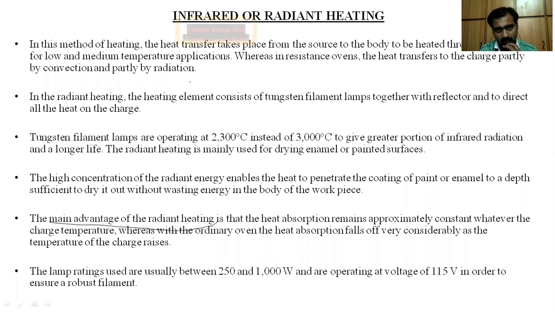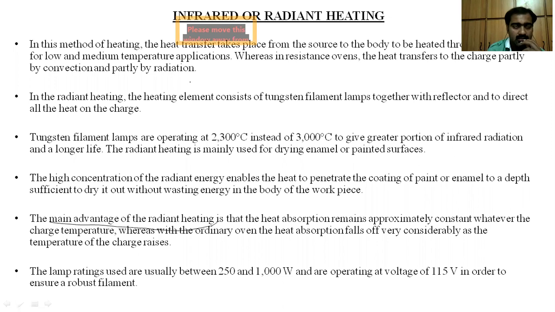Okay. When coming to the ordinary oven, instead of this resistance oven, the heat absorption of the substance falls, because the resistance which we use for heating can withstand high temperatures, but the ordinary oven which we use for domestic appliances cannot withstand high temperatures.